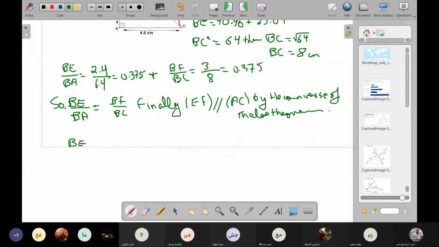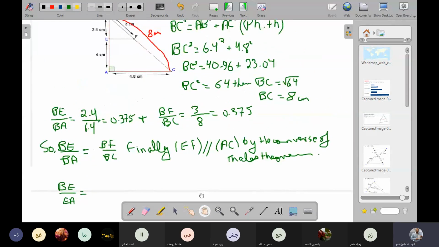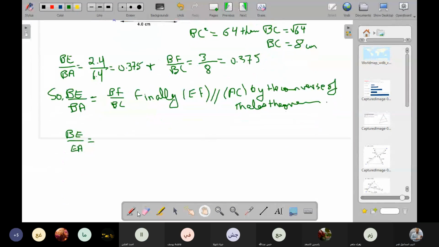This is the second method. BE over EA, 2.4 over 4, equal to 0.6.